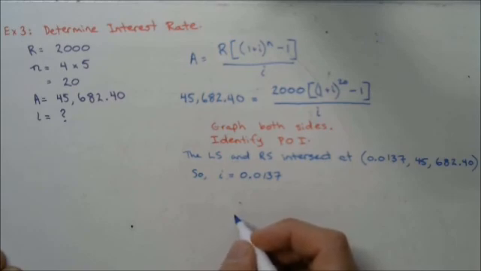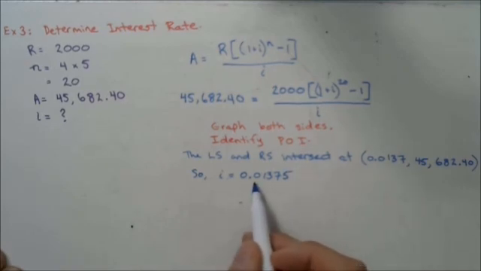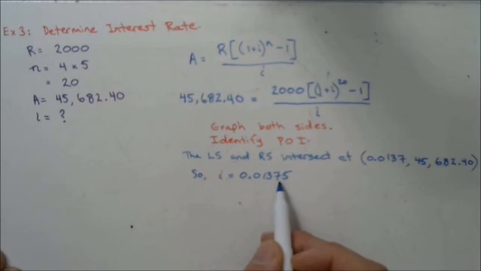And actually, ours is rounded down. The book has more accurate 0.01375. So I might need to tell Desmos not to round so aggressively.